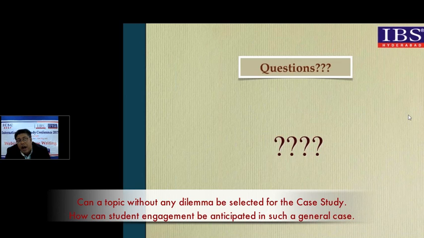Now, what I see here is there has to be some inherent dilemma in the case. It may be implicit, it may not be explicit, but there has to be some issues that a case focuses on. So if you don't have any issues to focus on, probably there is no value for this case. So I think your question is whether there should be explicit ones or not.